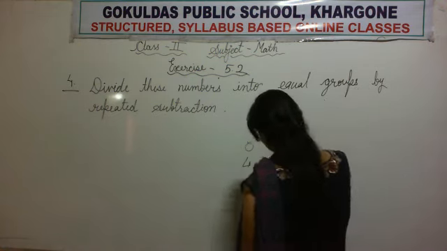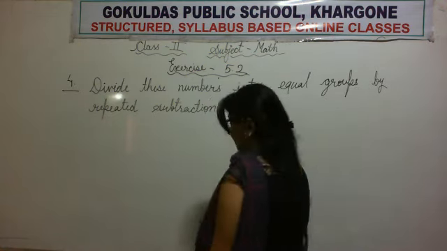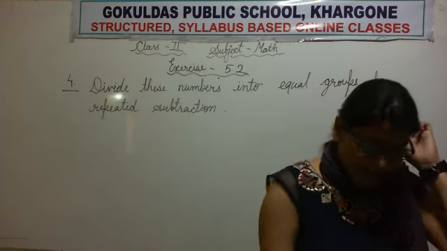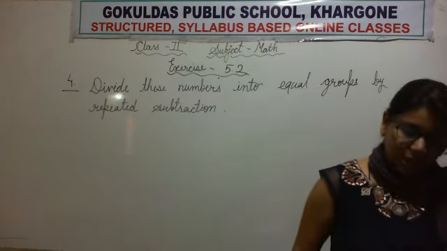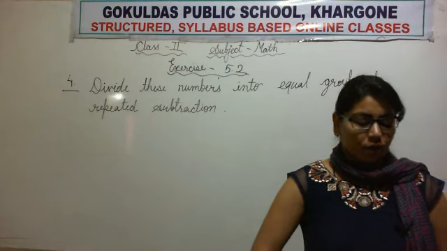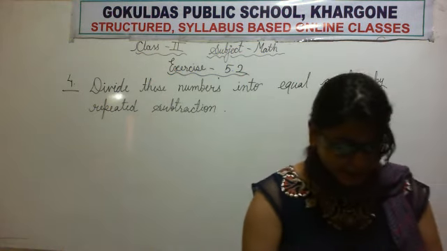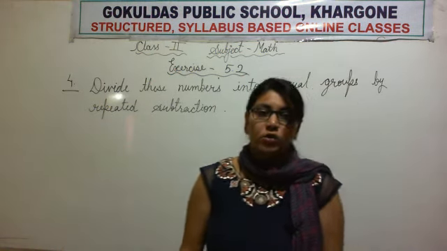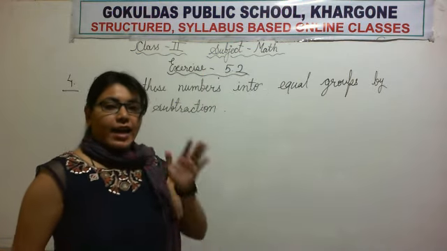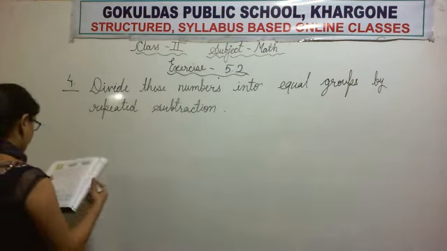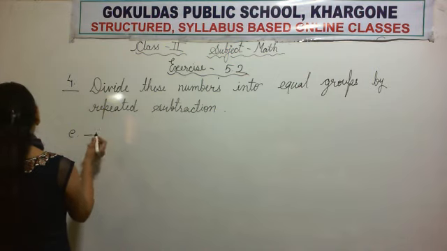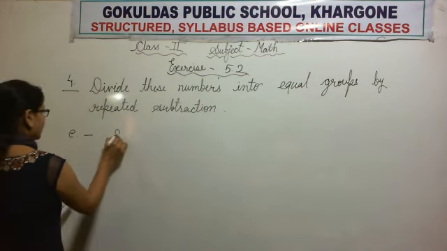Okay, so part E, F and G is your homework. You need to do it on your own. I am writing down the answers only. You need to solve and check your answer with these. So answer for E is 8.